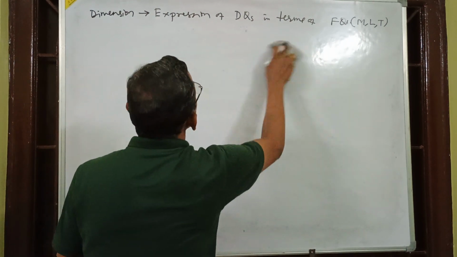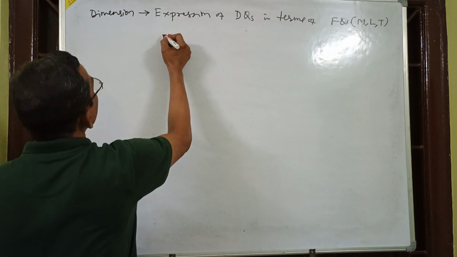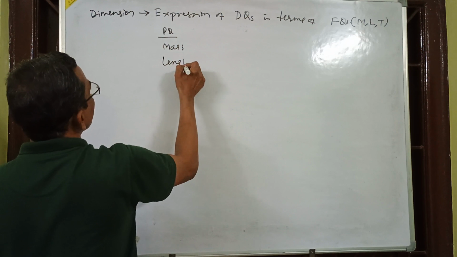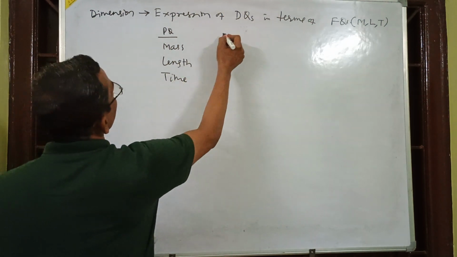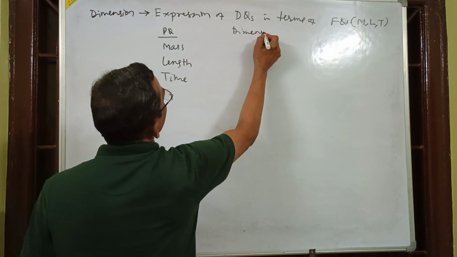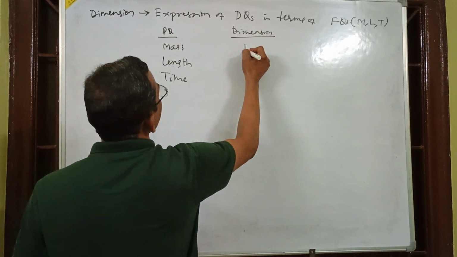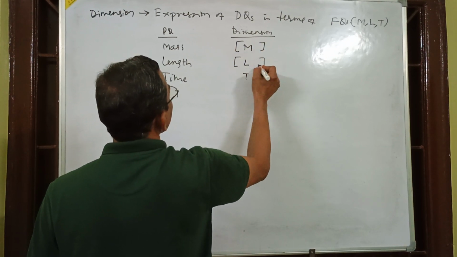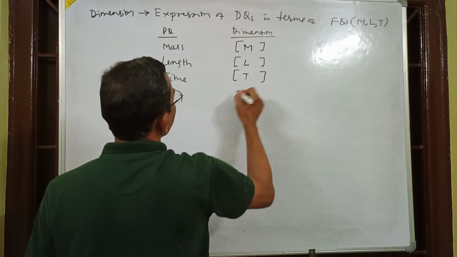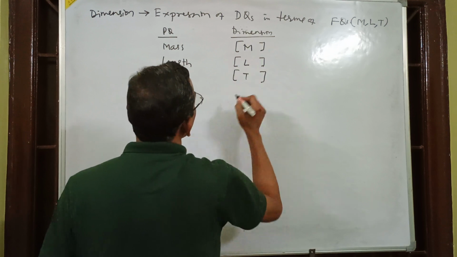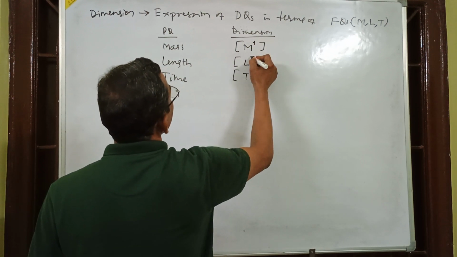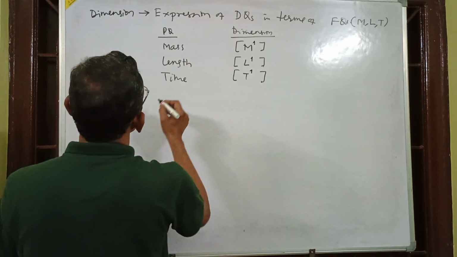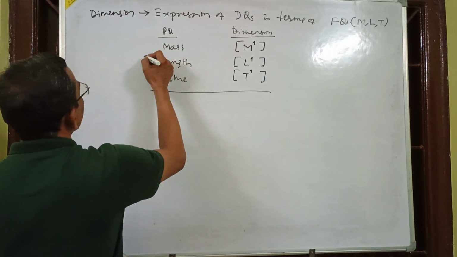That means the physical quantities are mass, length, time, and the dimensions are M, L, T, and they are expressed inside a square bracket with powers. These are the fundamental quantities.